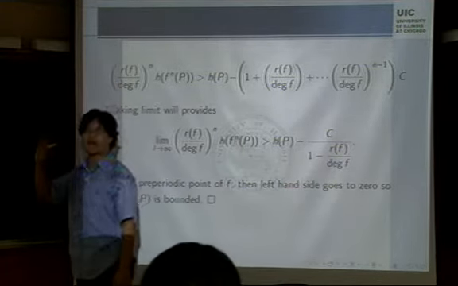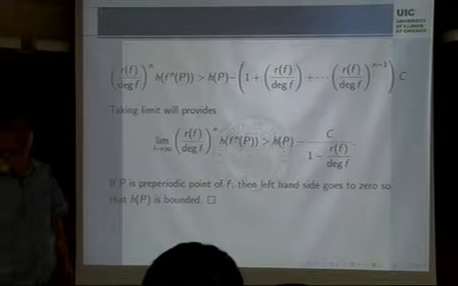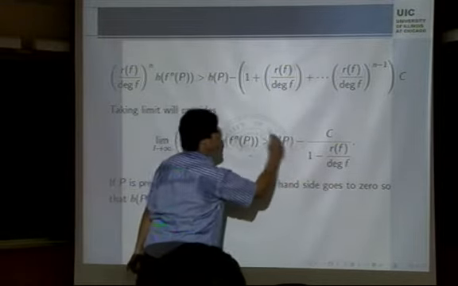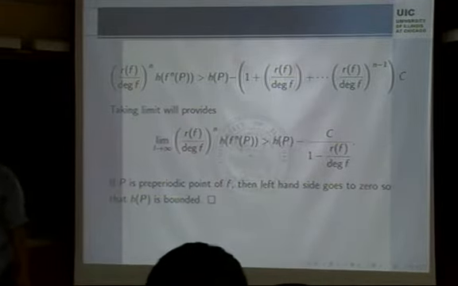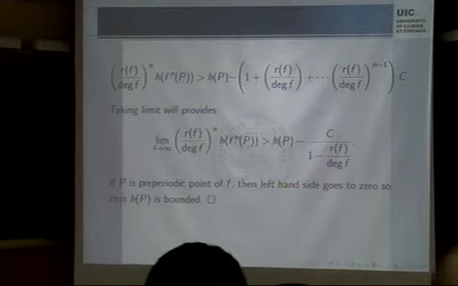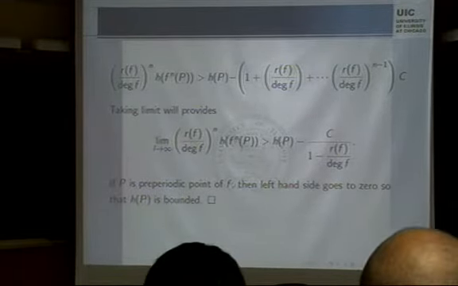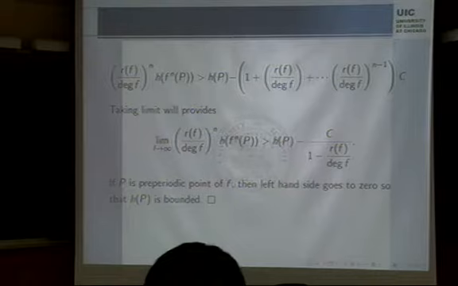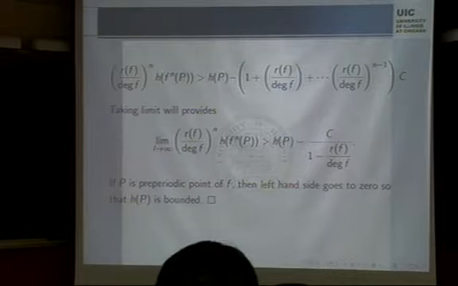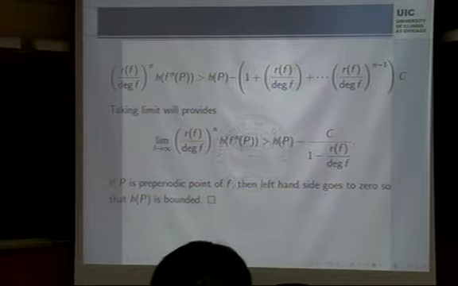Which means any prepared points have height always bounded by this constant, therefore the set of prepared points is of bounded heights. Now, just using the height property, which says if you have a set of k-rational points of bounded height, then you only have finitely many. So we only have finitely many k-rational points for such rational maps.